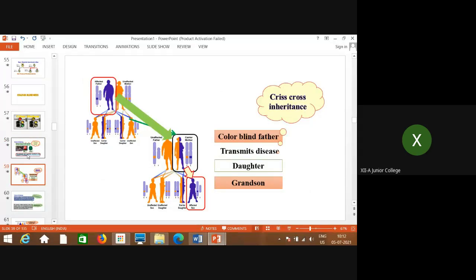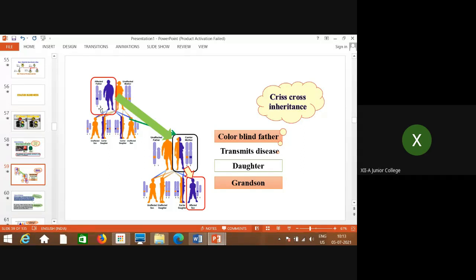What happens now? This is also one of the examples of crisscross inheritance. What does it mean? Crisscross inheritance means this gene is inherited from a colorblind father through his daughter to the grandson, leaving one generation. The daughter is just carrying the gene, she is not the sufferer, only the carrier. So the gene is transmitted from grandfather to grandson through his carrier daughter, and this phenomenon is called crisscross inheritance.